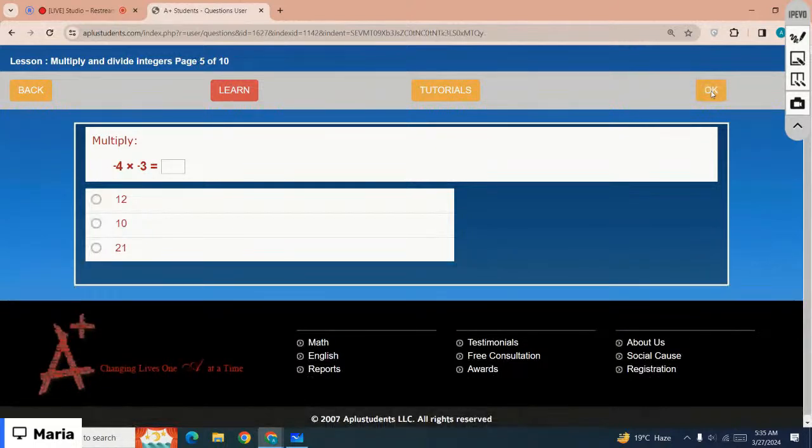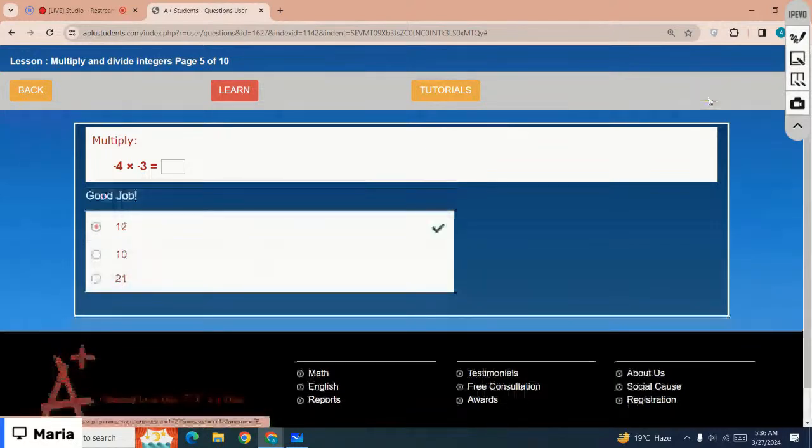Negative 4 times negative 3, which is the correct option? Option number 1 is the correct option, right? Negative 4 times negative 3 is 12.